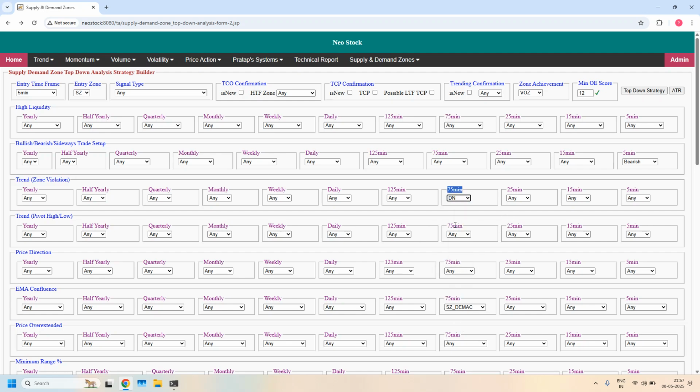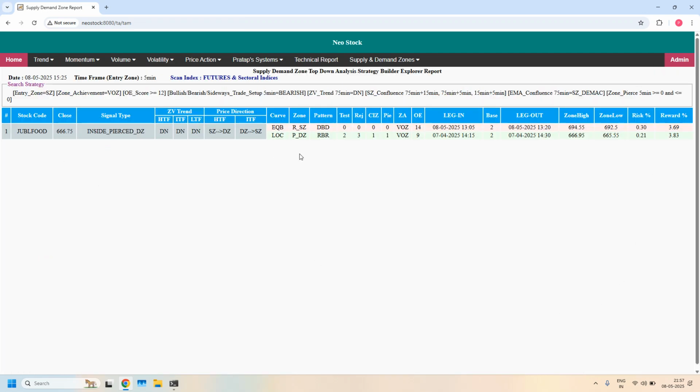It should be downtrend, because it is bearish trade setup. Let's filter. We got only 1 stock. So probably this 5-minute supply zone might be having better probability to get success compared to the others. So this is how we generated a bearish trade setup for hourly income trade.